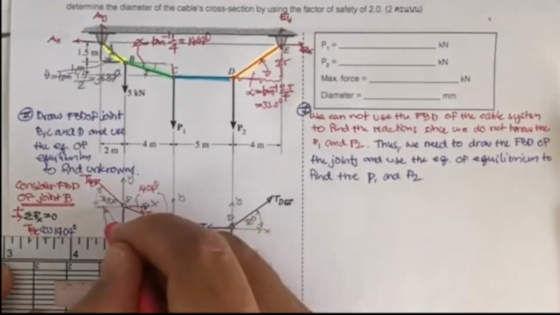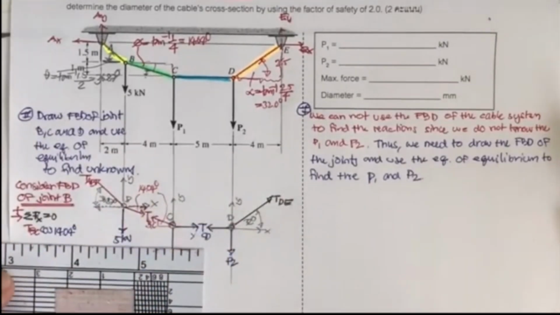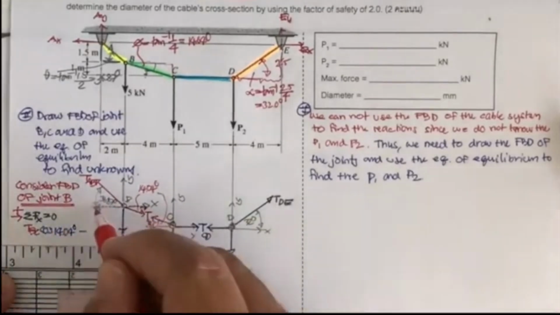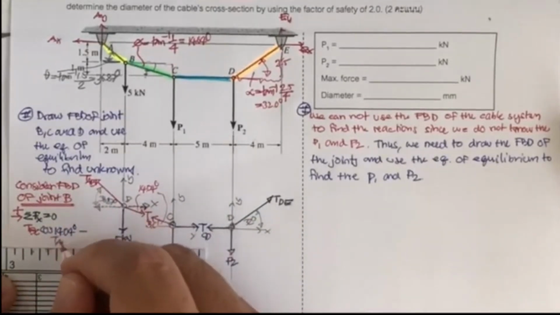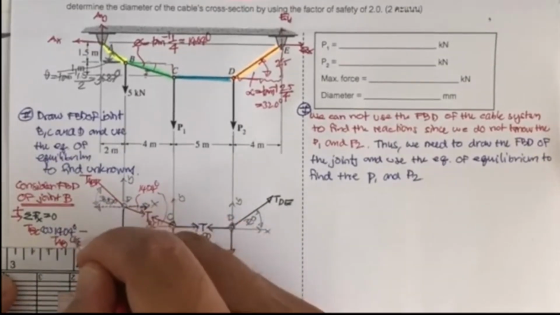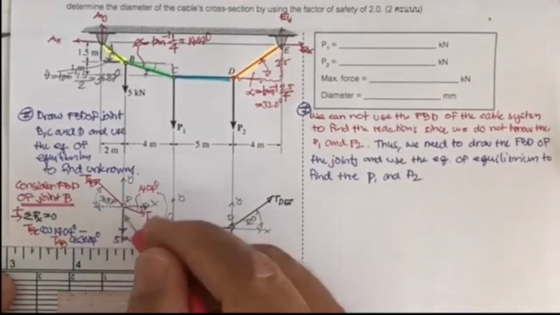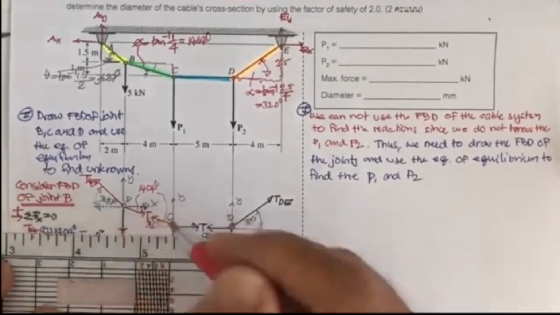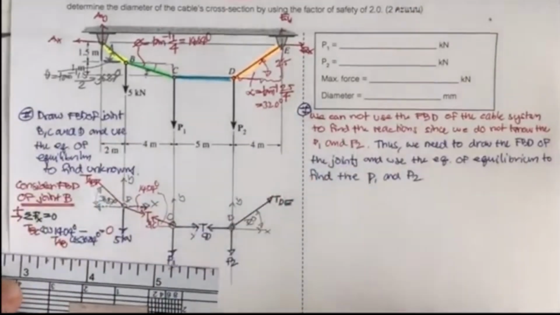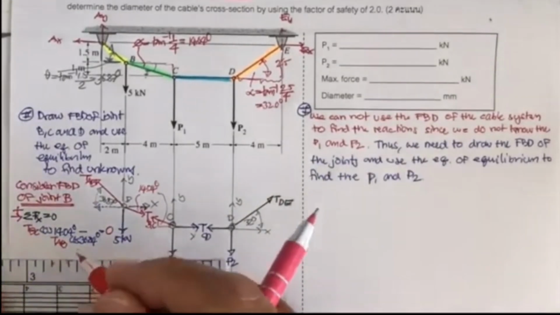This one, when you project, you may see this one is to the left, so this one is going to be minus T sub AB cosine 36.87. Okay, and that's all for the horizontal. You get this equal to 0. You cannot solve yet, but you can determine the relationship between T sub BC and T sub AB.